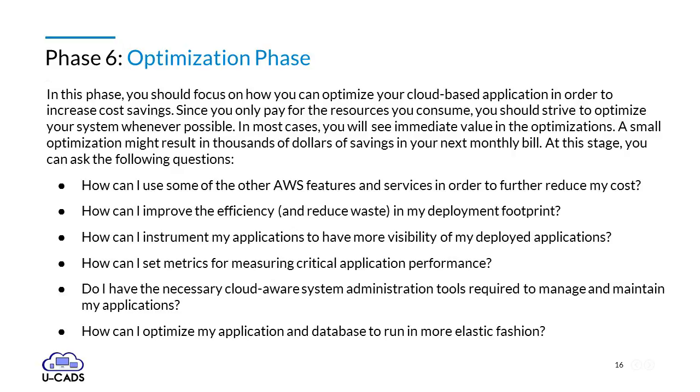How can I set metrics for measuring critical application performance? Do I have the necessary cloud-aware system administration tools required to manage and maintain my applications? How can I optimize my application and database to run in a more elastic fashion?